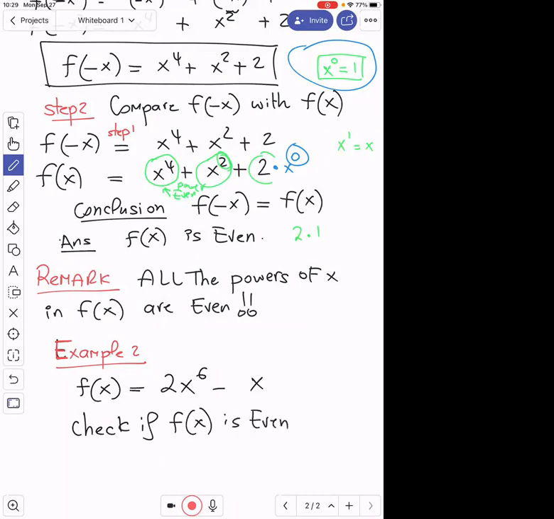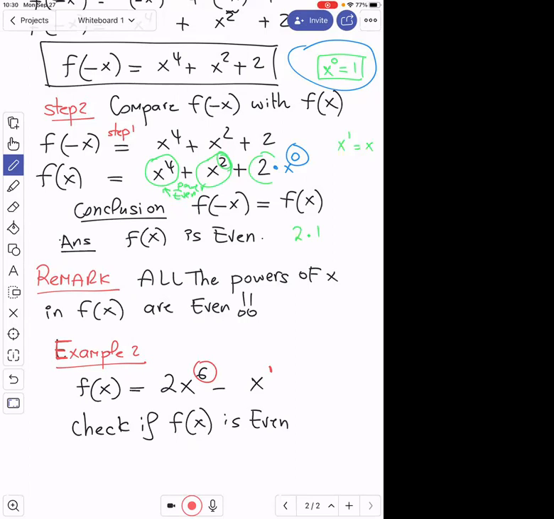Because of our previous remark, in an even function all the powers of x have to be even, right? In this function there's a power 6, and 6 is even, but this x here is like x to the power 1. So 1, of course, is odd, it's not even.